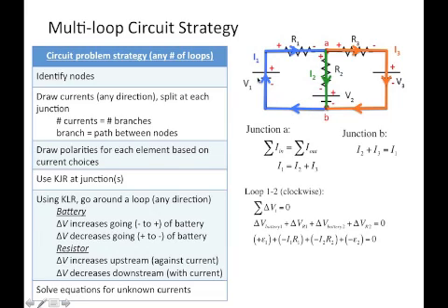For the battery, the change in potential is just the EMF of the battery, right? If we're going around in this clockwise direction, we go from low to high potential, so that's a positive change in potential. When we come to resistor 1, we're going from high potential to low potential, that's a negative change in potential.